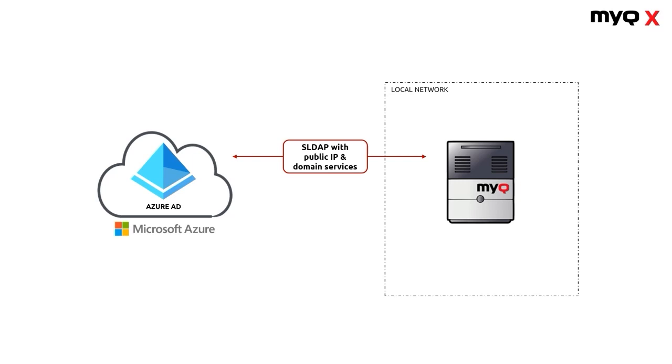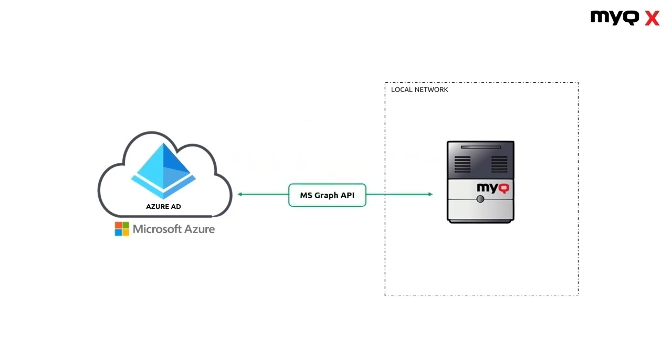But there was one really annoying thing: you had to use a secure LDAP with a public IP, and you needed domain services to be activated, which was annoying and potentially even expensive. But you can now forget that completely, because with this version 10.1, we are using the MS Graph API to synchronize everything directly without using the LDAP protocol.